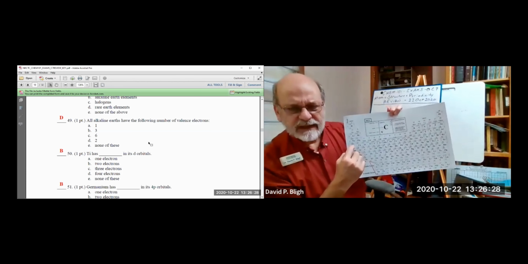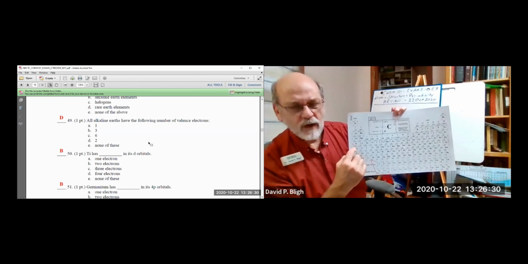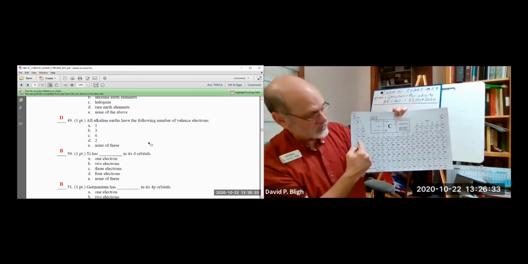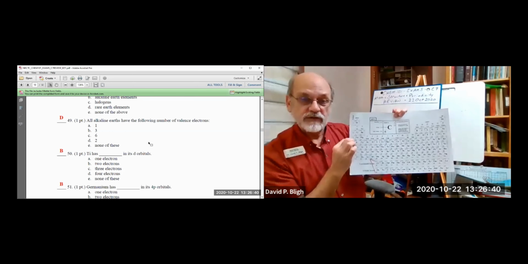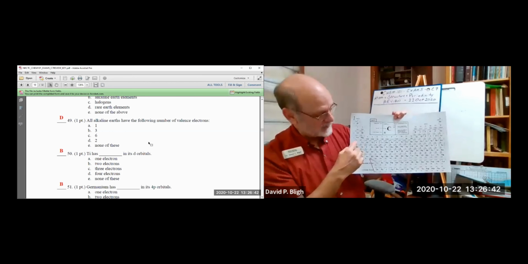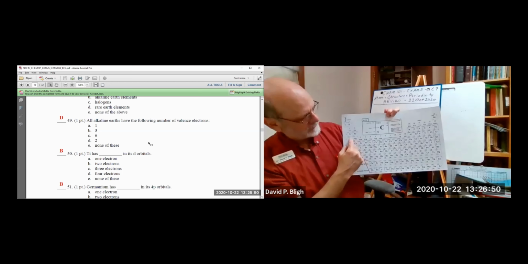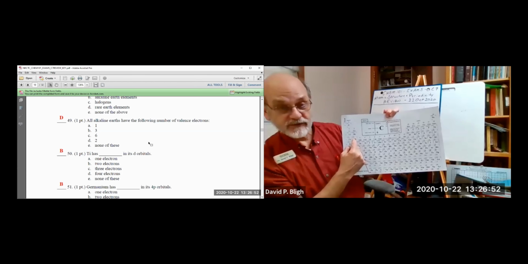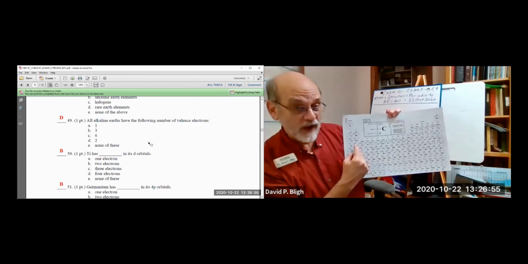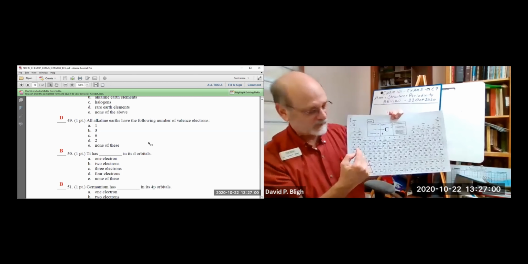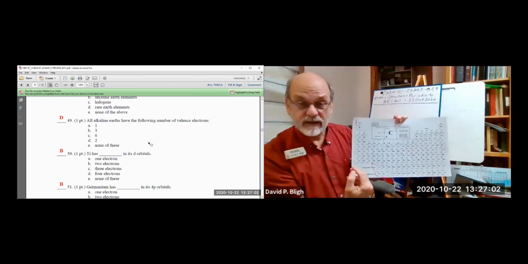But since we're, let's see, where are we? Alkaline earths, since we're way over here on the left, we can say that we're just starting a new energy level, right, with the s orbitals. So in that respect, we can say that all the alkaline earths have 2 valence electrons. Right? So this level has, magnesium would have a 3s2, calcium would have a 4s2, strontium would have a 5s2, and everything below that is filled, right?